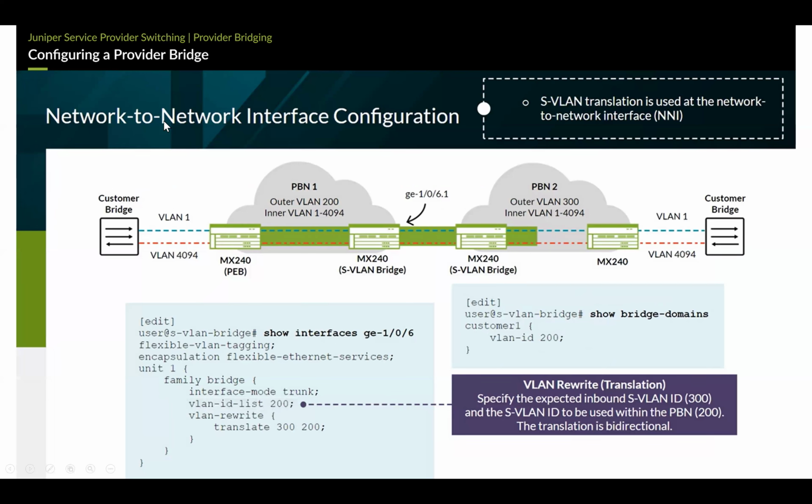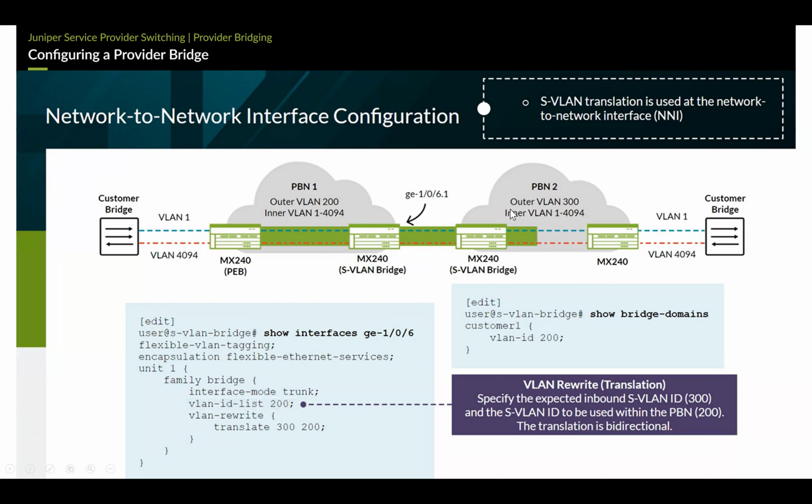So, network to network interface configuration. Consider multiple service providers: service provider 1 is here and another service provider is here. In service provider 1, they use outer VLAN 200, but in service provider 2, they use outer VLAN 300.